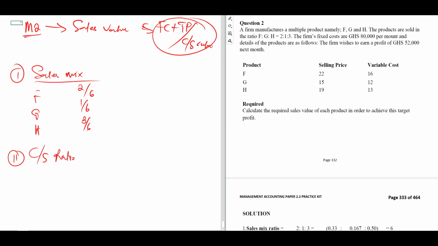Now I already have my contribution. So I have product F, G, and H. I have my selling price, this being 22, 15, 19, then variable cost, we have 16, 12, and 13.